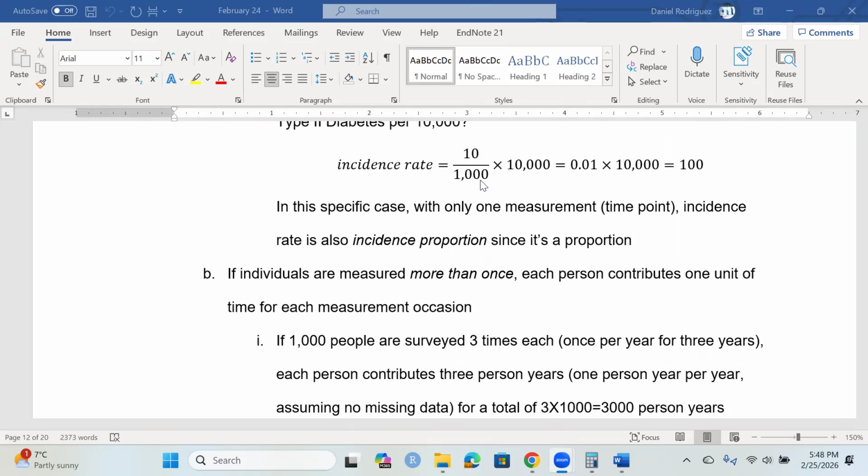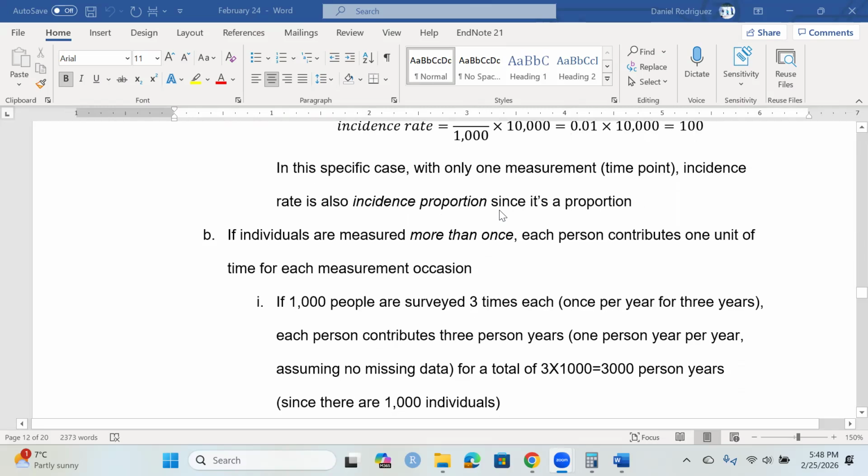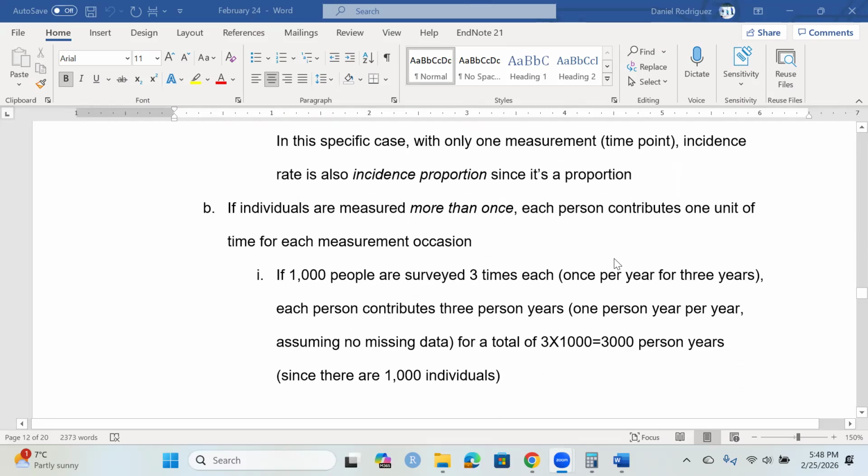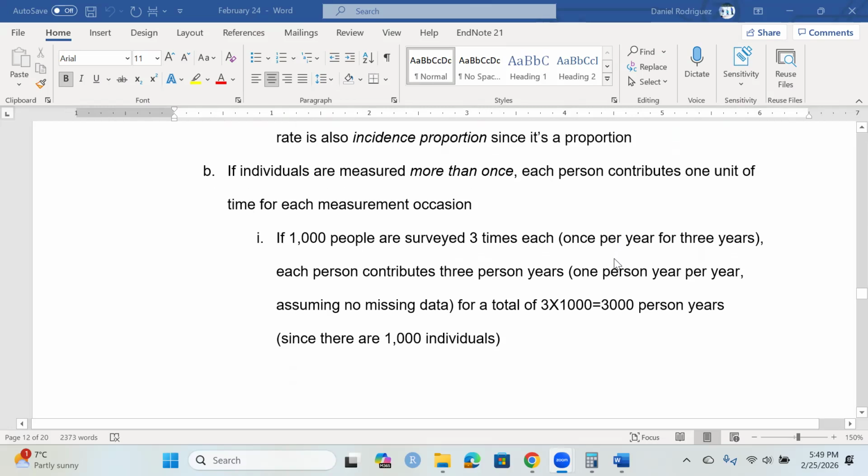So this is where the danger is because if there's 1,000 individuals, but we measure them three times, say, for instance, it's not the same. It's no longer an incidence proportion, right? Unless that's what we wanted to know, then of course we could calculate that instead or report it as such. If we had measured individuals more than once, we have to account for that measurement with each person contributing 1 unit of time for each measurement occasion.